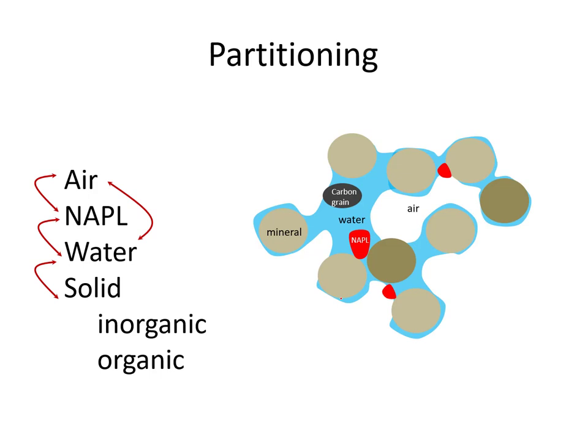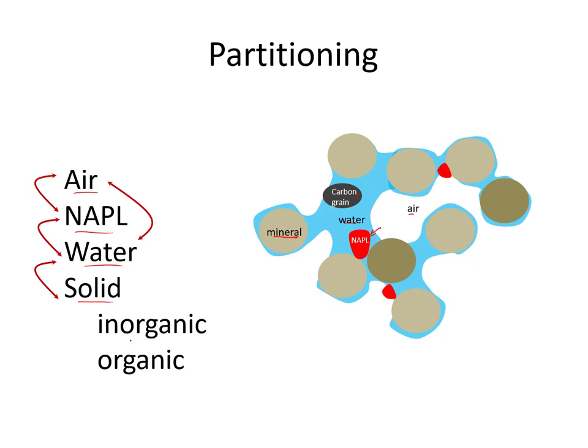So we can see that a little bit more detail with this simple diagram where we've got some solid mineral grains, and then the pore space is filled in part with water and in part with air. And there's also some NAPL ganglia here in the pore space, and here's some carbon grains. So we recognize that there are a variety of different phases here: air, NAPL, water, solid.